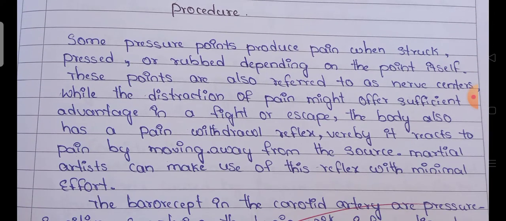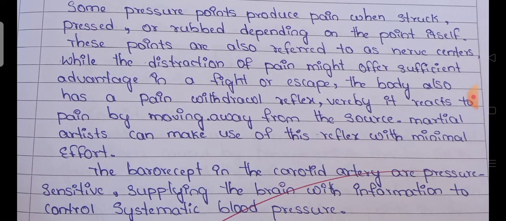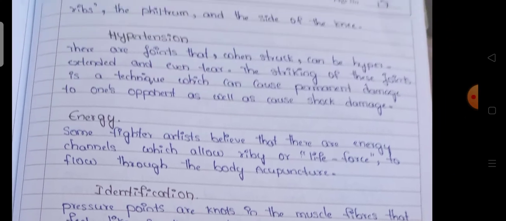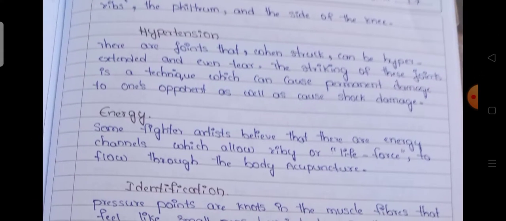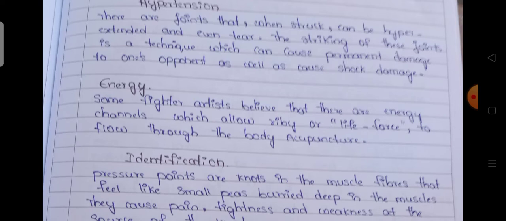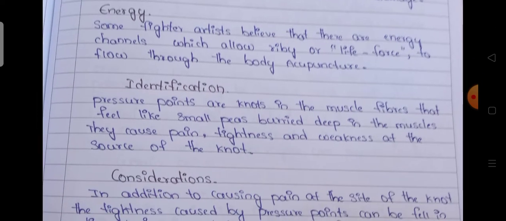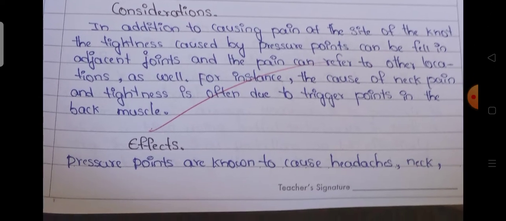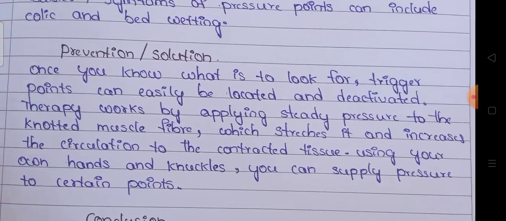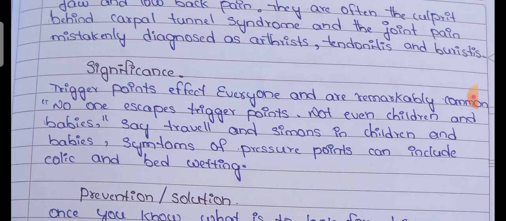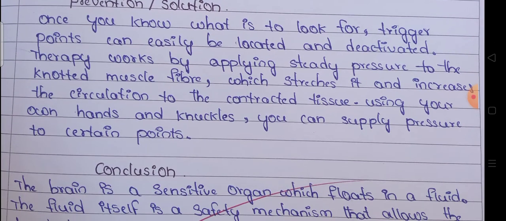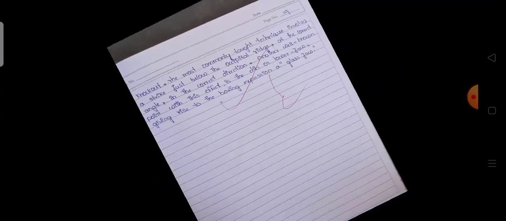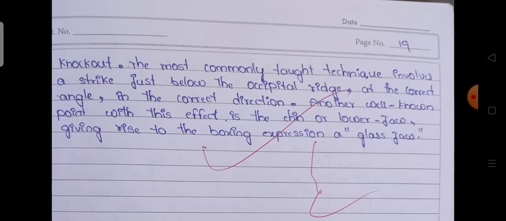This is also a very important question. Okay, next continuation.